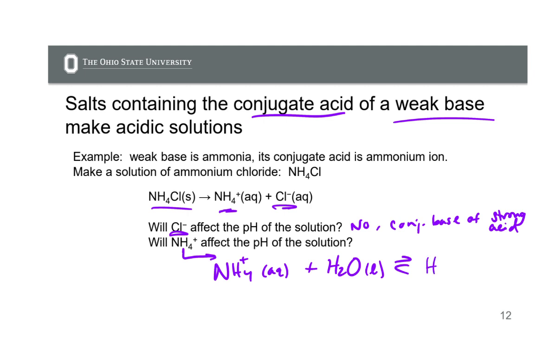So it can be donated from the NH4 plus to the H2O to form H3O plus. And we're left with NH3. Okay, so ammonia, NH3, is the conjugate base of ammonium ion.